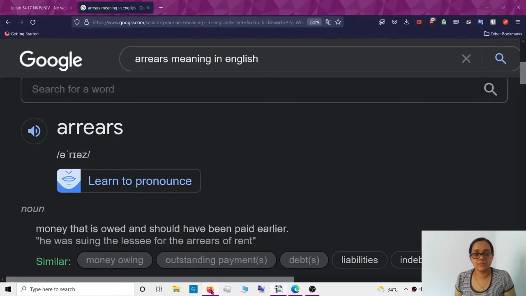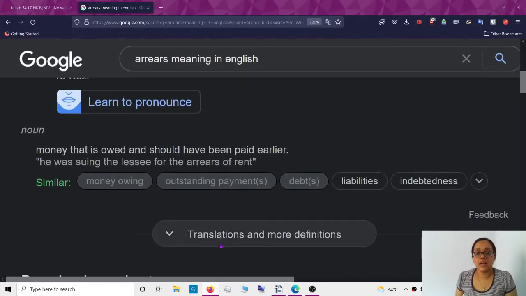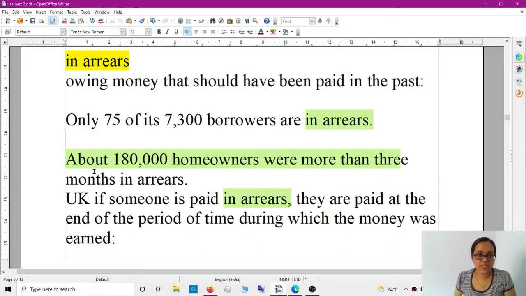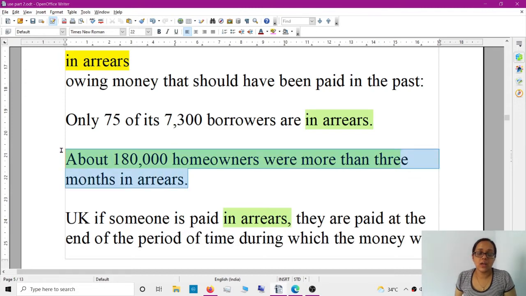So, liabilities or indebtedness, owing money. The next sentence is: about 1,80,000 homeowners were more than 3 months in arrears.